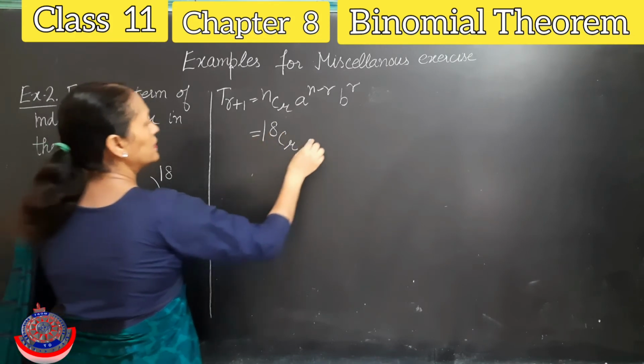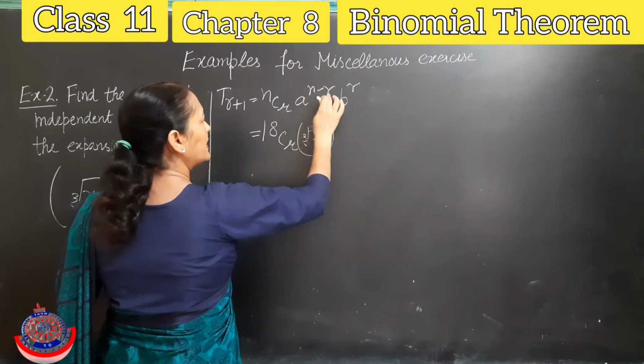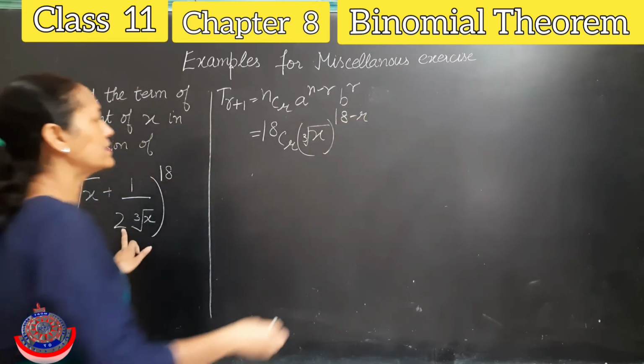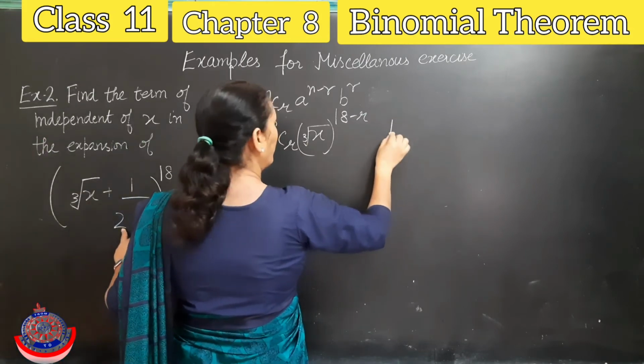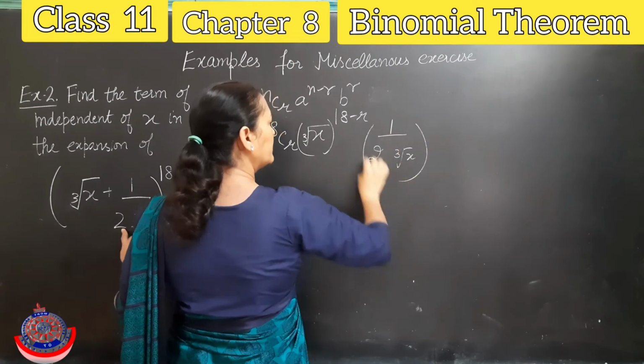Then a is cube root of x power n minus r means 18 minus r, and b is 1 upon 2 cube root of x power r.